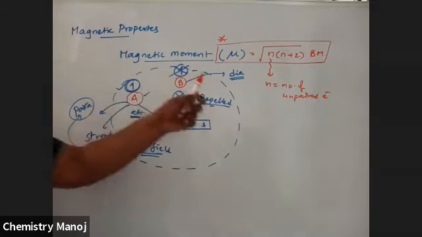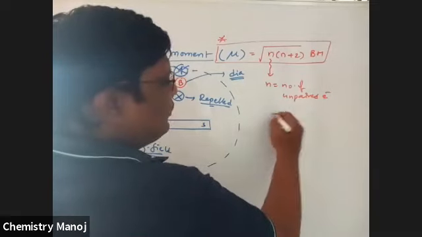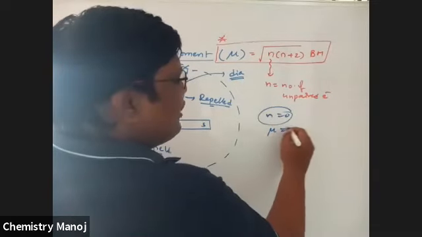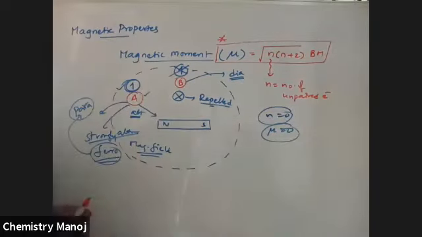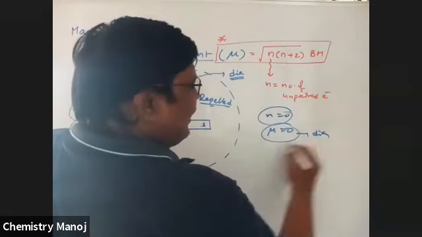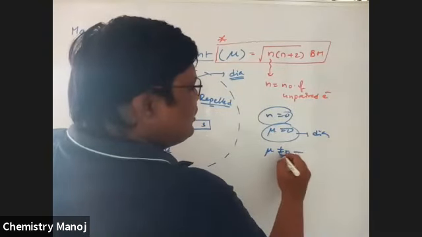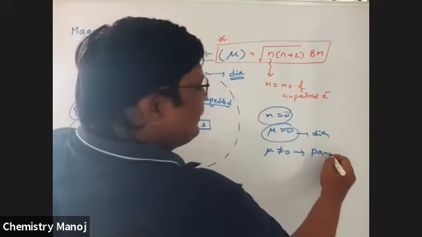So if n is equal to 0, mu is equal to 0, that means diamagnetic. If mu is not equal to 0, it is taken as paramagnetic.